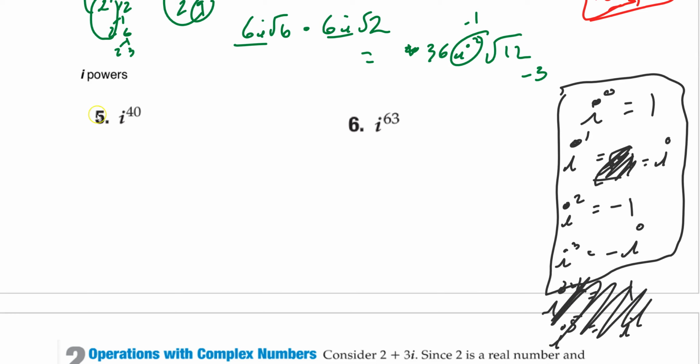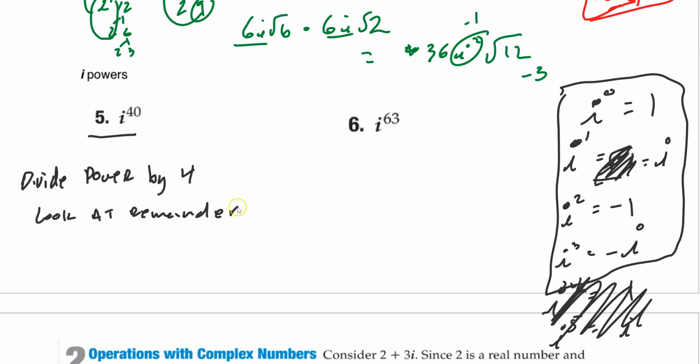So what we're going to do is this. If I get something crazy like i to the 40th, it can only be one of these 4 options. So what you do is you divide the power by 4, since there's only 4 options, and look at the remainder. So for example, let's do a few of these.